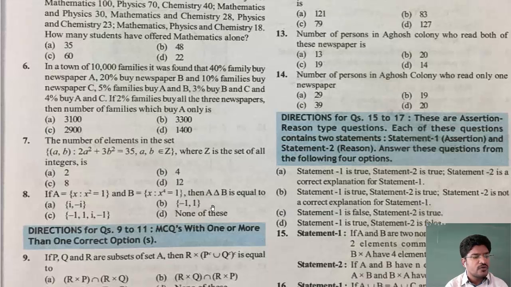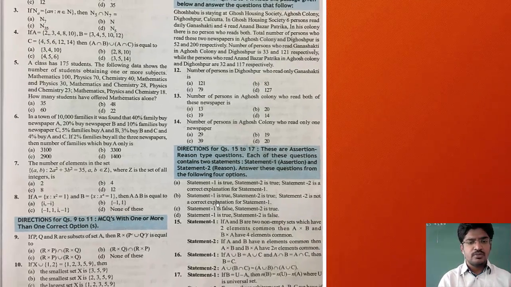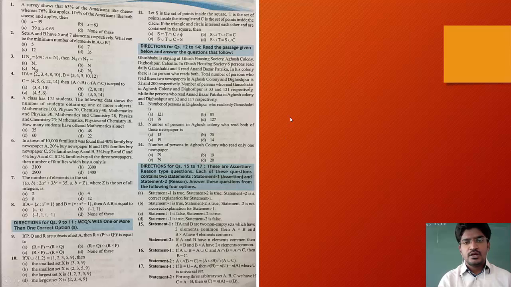So, you must know the formula for the symmetric sum, that is A minus B union B minus A. If you know that, no problem. If you do not know, now I am going to explain that formula so that you can understand.